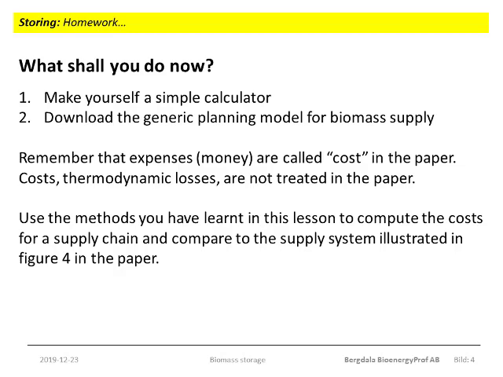Reading the paper, you will notice how the authors specifically point out that the expenses associated with storage are often underestimated. If you look at figure 4 in the paper, you will see an example. You have to remember that what is called costs in the paper is what I call expenses. Losses, real costs in terms of energy and thermodynamic inefficiency, are really not treated in the paper.